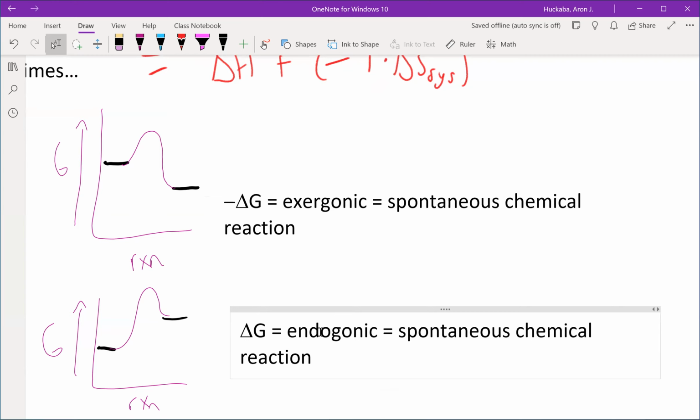Endergonic, sorry, which is a non-spontaneous reaction.